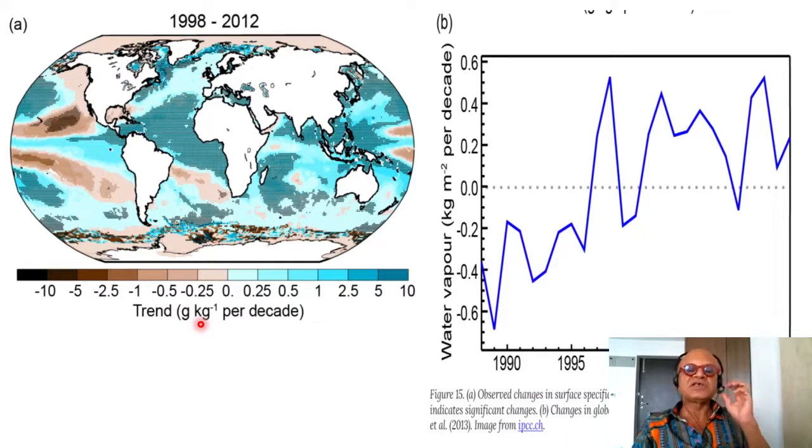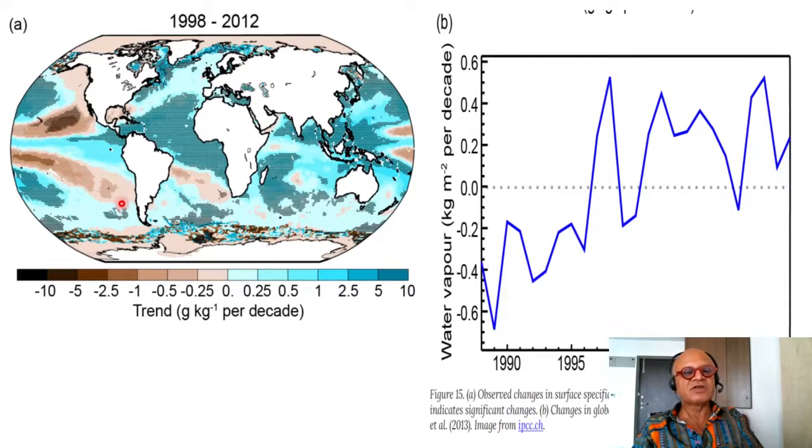There are statistical tests one can do to show that there are statistically significant changes. For example, there are many regions where there are statistically significant positive trends in surface specific humidity, and there are statistically significant negative trends in some places.